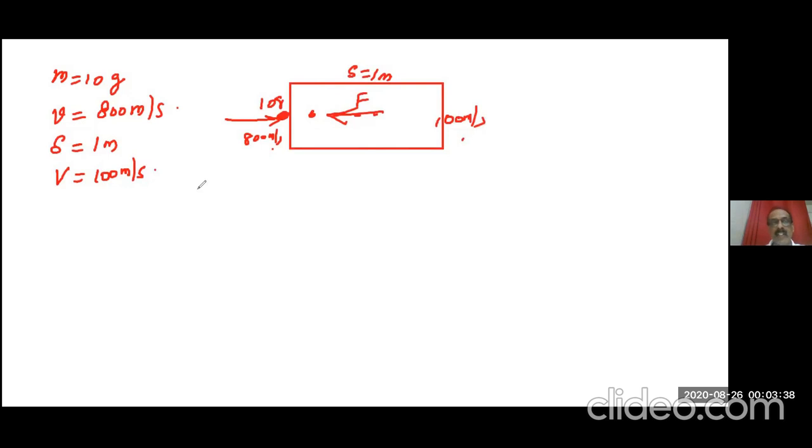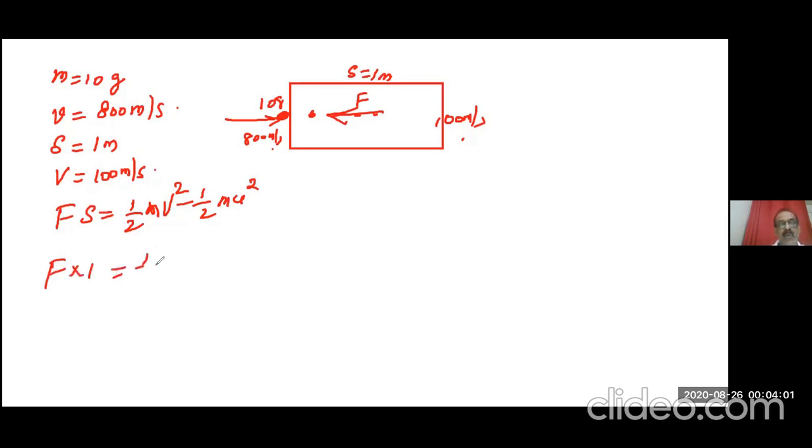So here kinetic energy of the bullet changed. By work energy theorem, the work done, force into displacement, is equal to change in kinetic energy. That means final kinetic energy half mv squared minus half mu squared, isn't it? Yes, sir. Work energy theorem. So here force we have to find out. Distance is 1 meter.